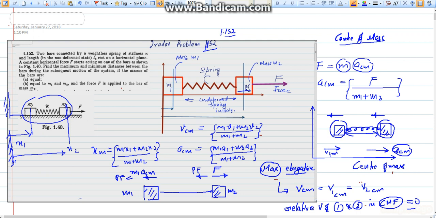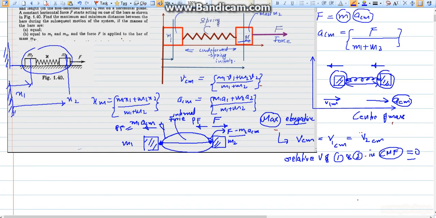Here we are looking at the external forces. While we are solving in the center of mass reference frame, there is one internal force which is due to the spring. And what is the external force? At the ends, one is this one and the other is F minus m2 a center of mass. These are the two forces acting at the two ends.